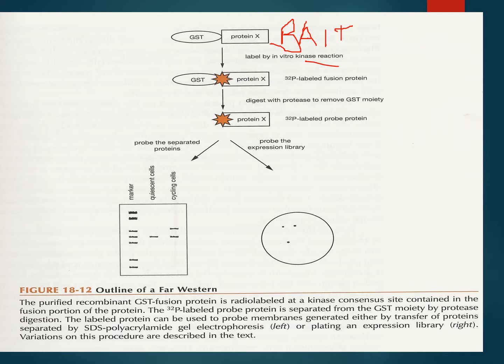And in this case, that labels the bait protein with a radioactive phosphorus, and this is the little star here. And the labeled protein is then you remove the GST tag, and now you're left with the protein that's radioactively labeled.